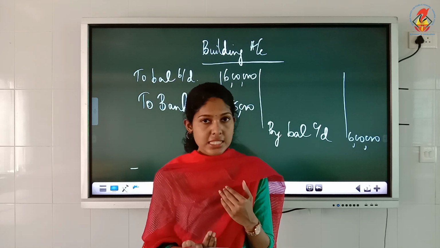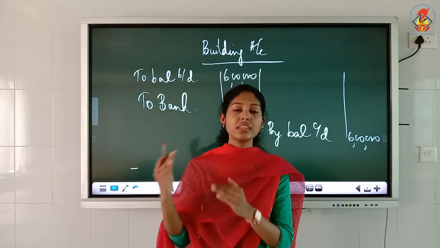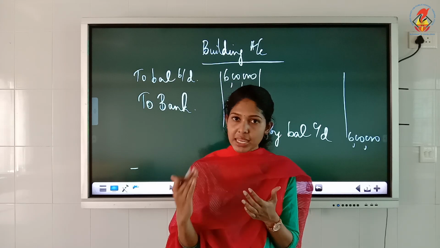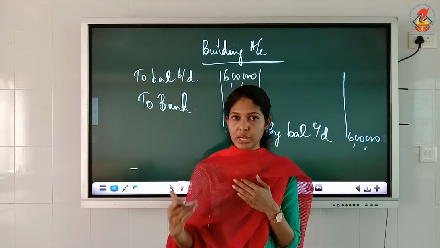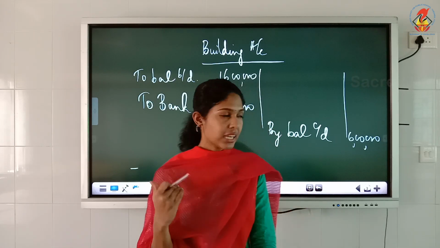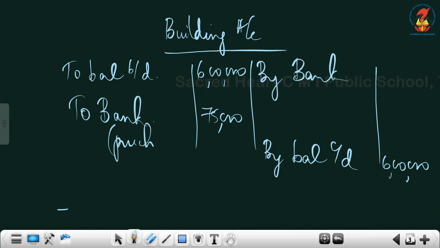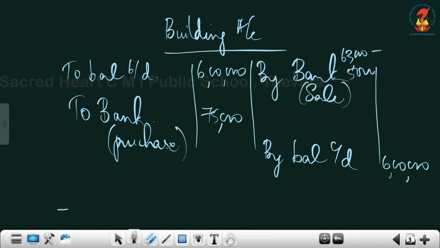So what will be the sale value? Book value and the loss you can compare, isn't it? So 63,000 minus, since it is at a loss, you have to deduct that. 63,000 minus 5,000, your sale value will be written as by bank. This is purchase value, this is sale value, which is 63,000 minus 5,000, that is 58,000.